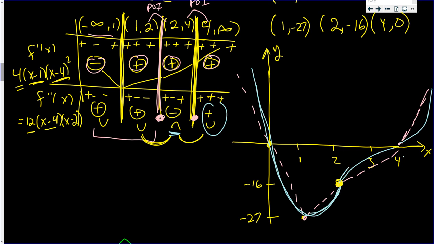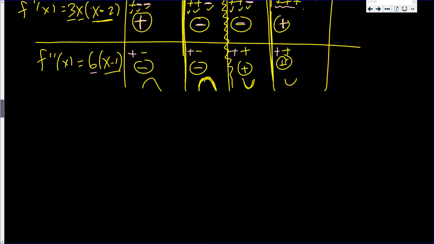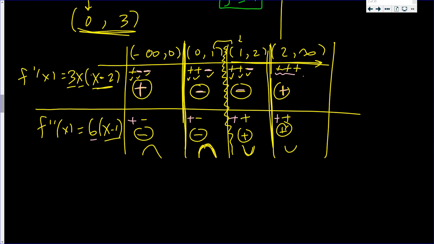Between 2 and 4 is concave down. And then after 4, it changed again. Looks good to me. That's what we said would happen, and that is what happened. Okay, so it only changes at 1. So we're going to have a point of inflection at x equal 1.